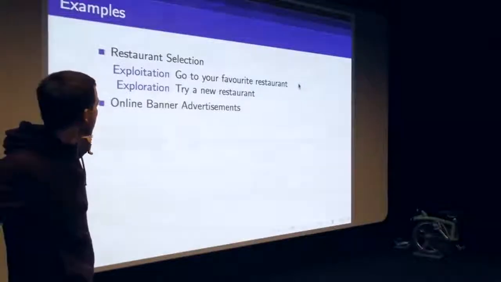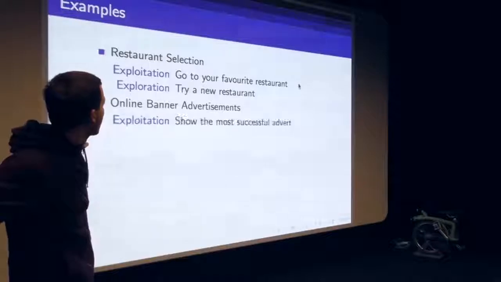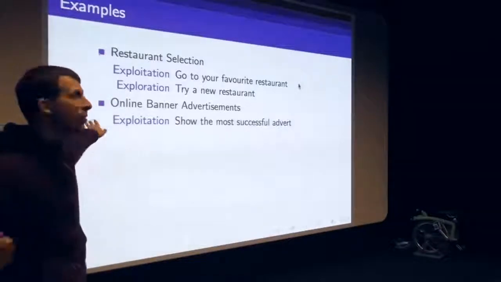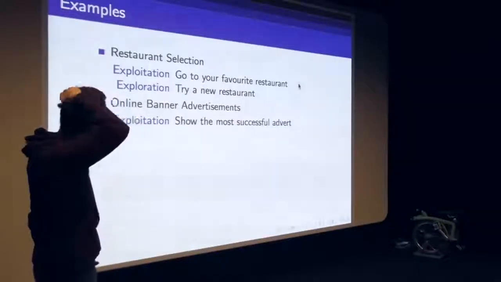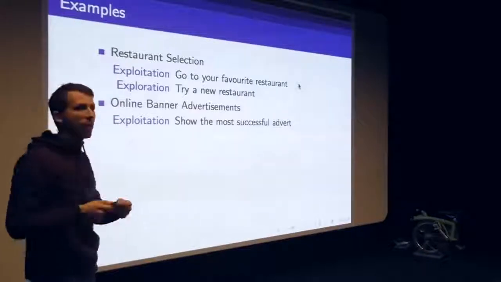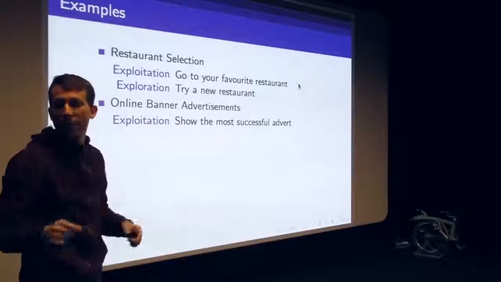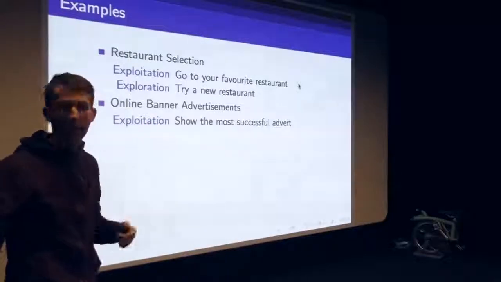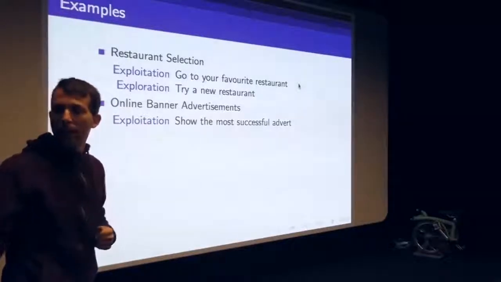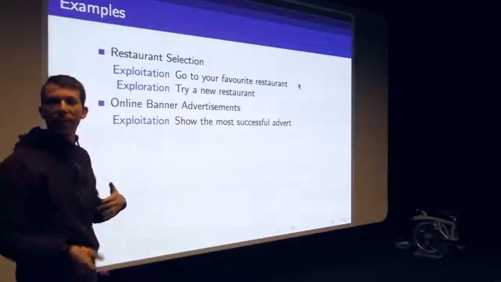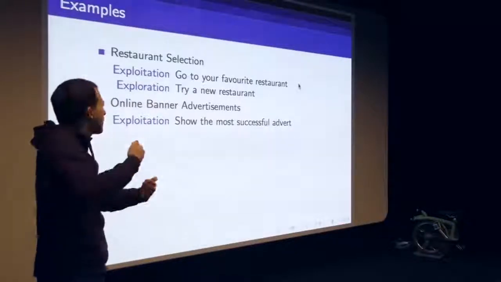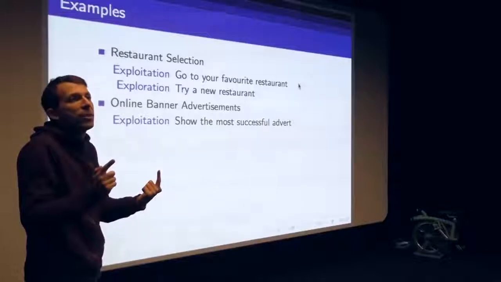The classic example of this, one of the big success stories of machine learning, is advertising online. This is a big use case for a lot of this machinery, where you're trying to decide what advert to show on some banner on some website, like Google AdSense or something like this. Exploitation would be to show the most successful advert, the one which people are clicking on the most.